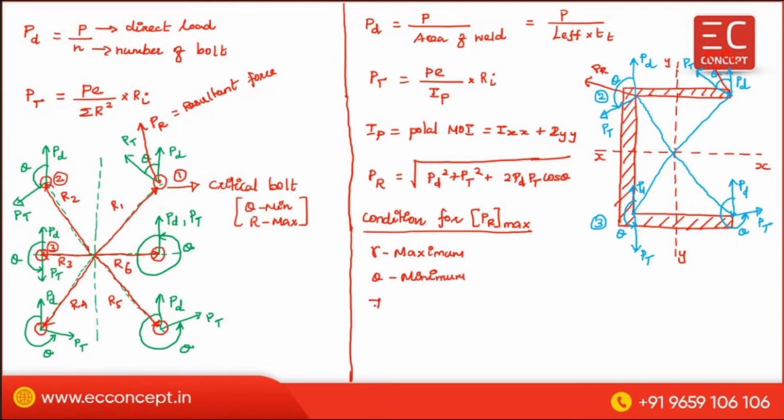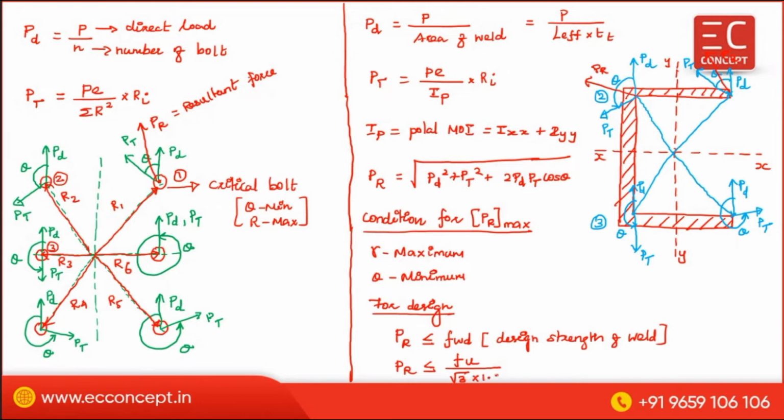Then for design, PR shall be less than or equal to the design strength of weld, FW. Then only it is safe. What is the design strength of weld? FW is equal to PR less than or equal to FU divided by root 3 into 1.25. So this is the condition.